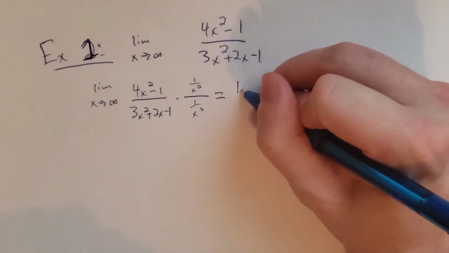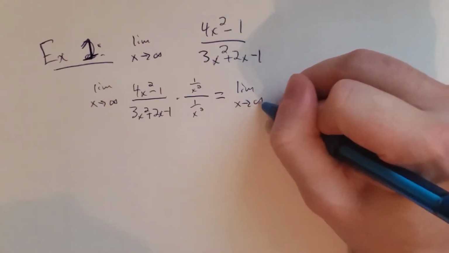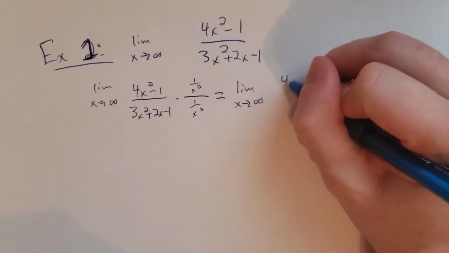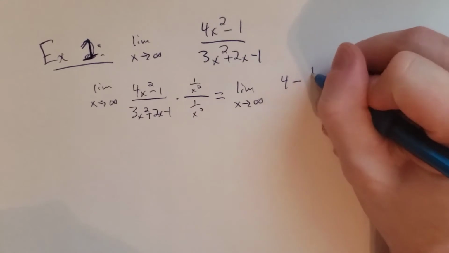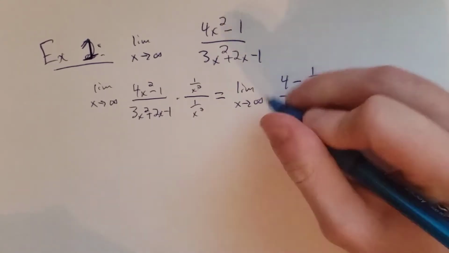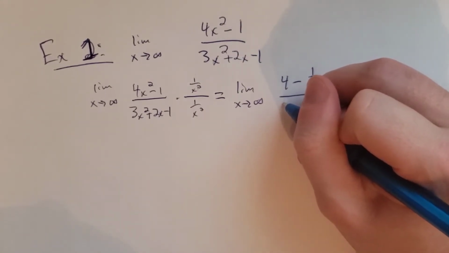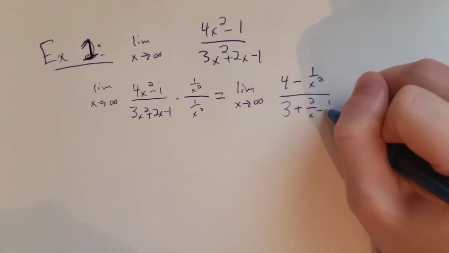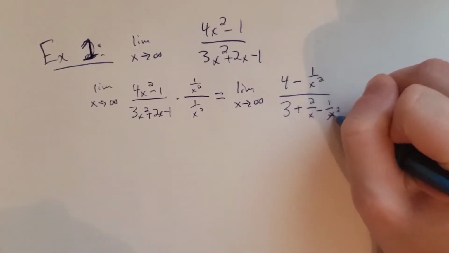Well, when we do that, this is the limit as x goes to infinity of 4x squared over x squared. That leaves us with 4 minus 1 over x squared all over 3 plus 2 over x minus 1 over x squared.